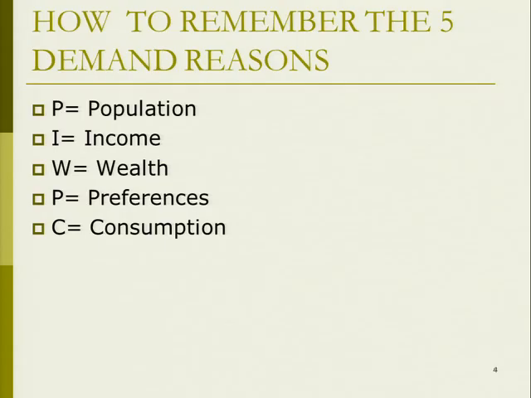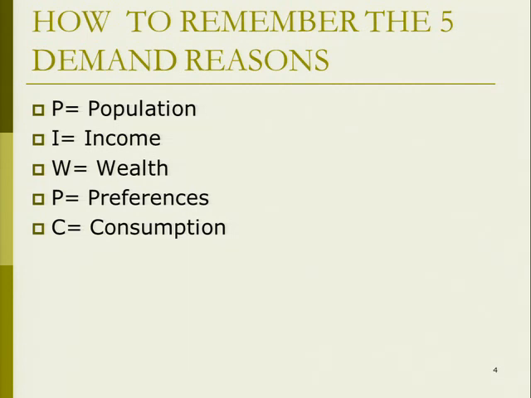The other one is P. For P, it means preference. What you prefer as individuals might differ from one another. It's therefore very important that we know that P stands for preference. Therefore, when we prefer certain goods over the other, it means that we might even tend to dislike goods that are produced in our country and tend to buy goods that are produced in foreign countries.